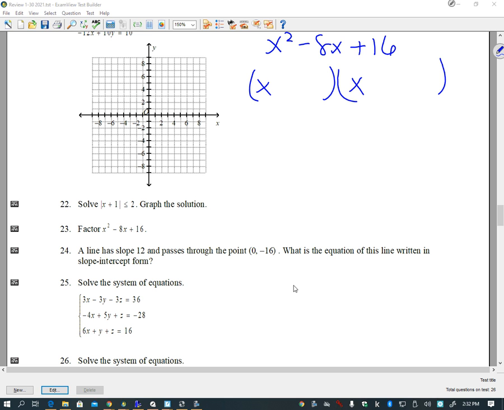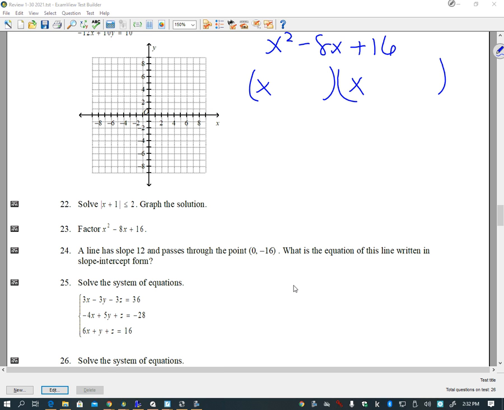Okay, it's minus plus, so what should my inner signs be? Somebody says minus minus. Why minus minus? Can you explain? When does it make a positive?